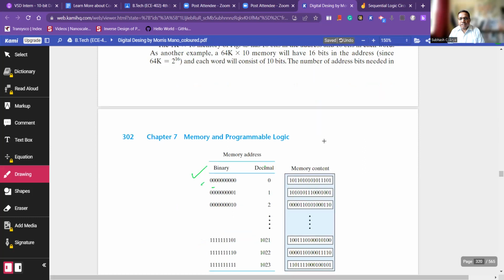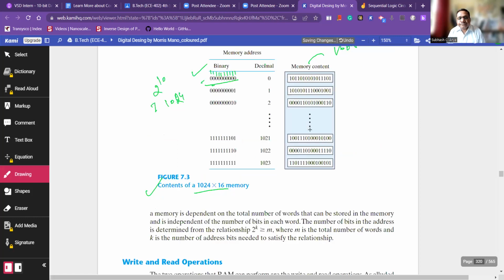So let us see, this is 10 bits. Let us count: 1, 2, 3, 4, 5, 6, 7, 8, 9, 10. So this is 10 bits, and this memory content is 16 bits, meaning 2 bytes. And since this is 10, 2 to the power 10 means 1024 memory locations.